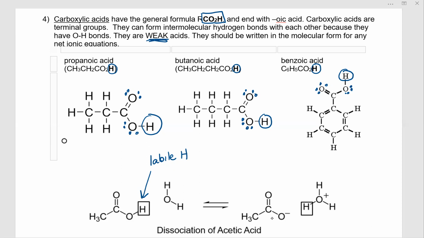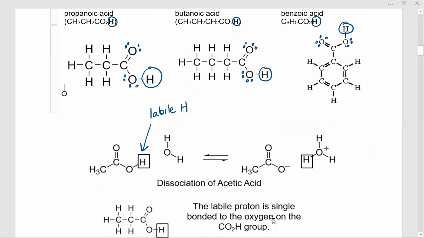So I also have shown here an image of the dissociation of acetic acid. So we have a water molecule. Okay, so we've just put acetic acid into water, and this is showing you what happens. That hydrogen is going to transfer over, and now we have formed the hydronium ion.